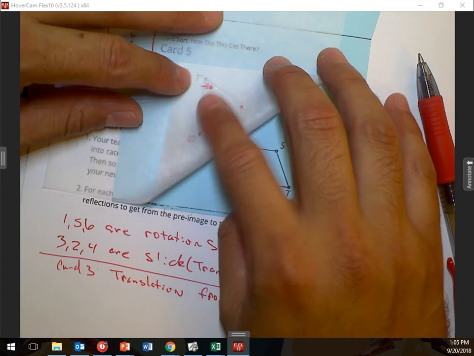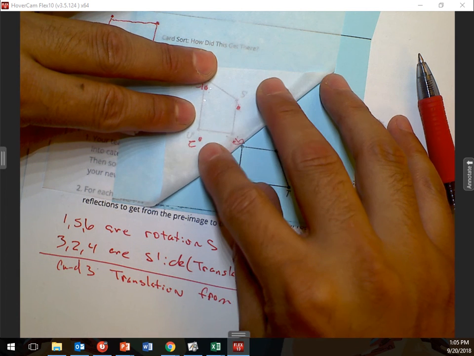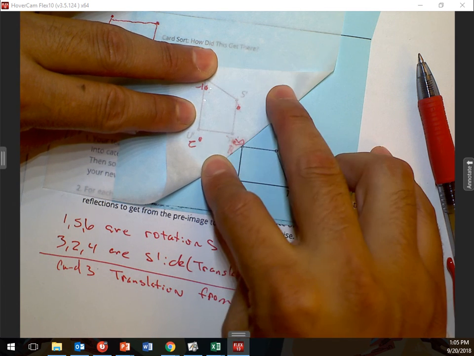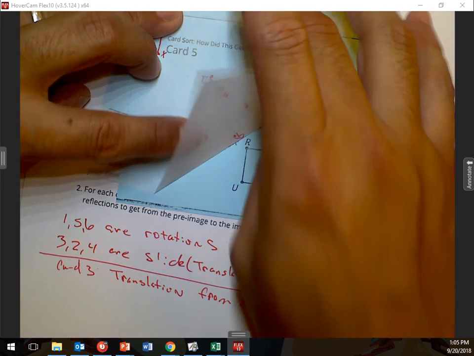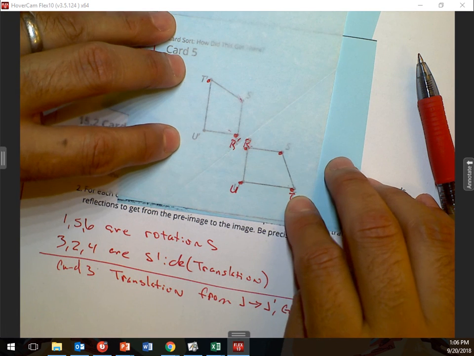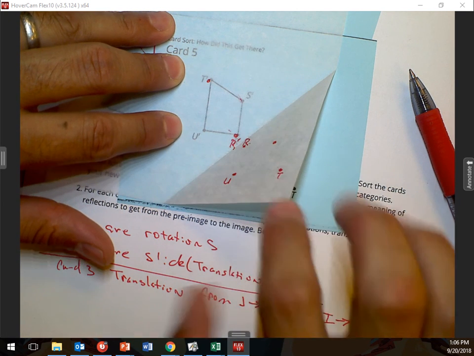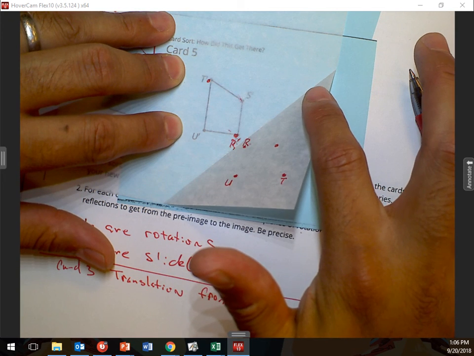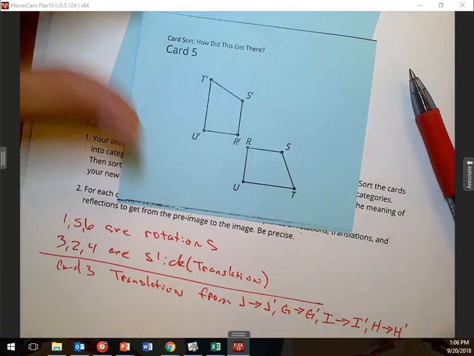I'm going to line up my letters. So we line it up right there. Now that I have it lined up, there it is. So I was able to do a reflection by folding it across the diagonal right here. So it is a reflection.